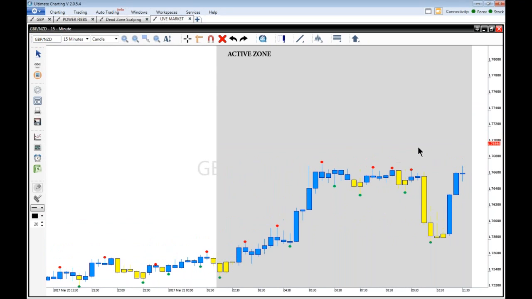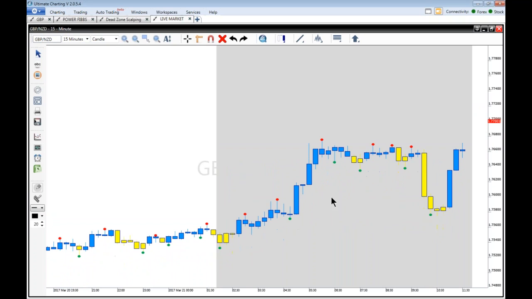So, for example, if this is the active zone right here, which it is, you're not focusing on trading it. Now, again, Tad's going to show you all this information in class as far as how to trade the active zone if you want, but the dead zone, you literally have to know nothing about the market to do this. Here's how this is going to work. The blue candles represent buying opportunities, and the yellow candles represent selling opportunities.